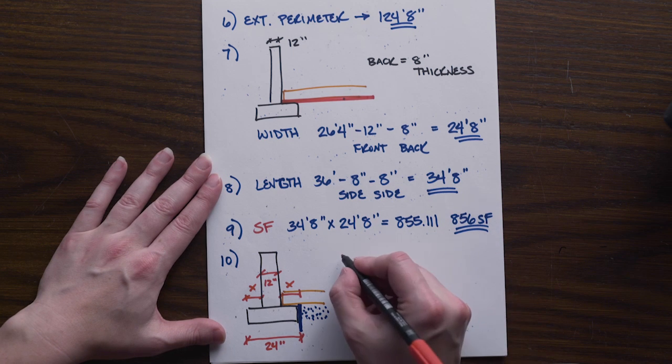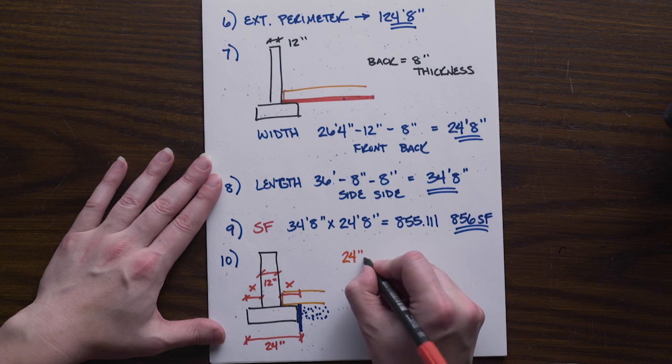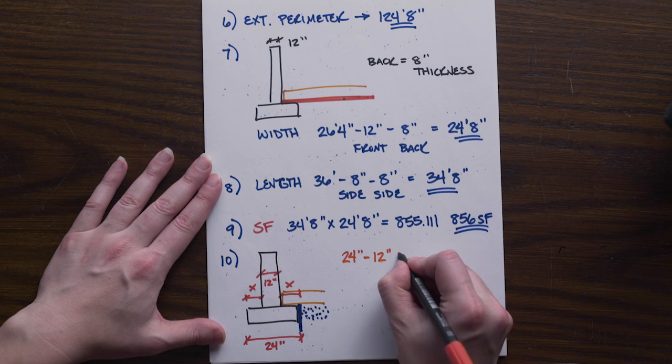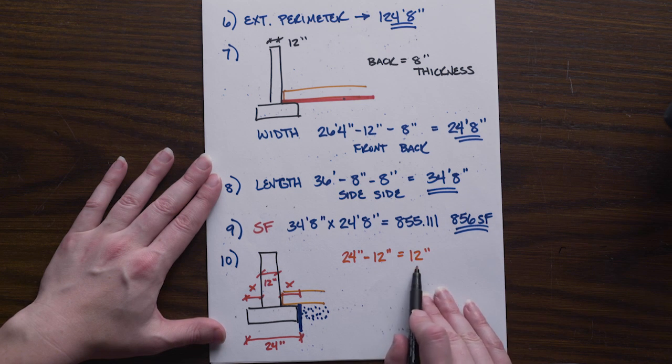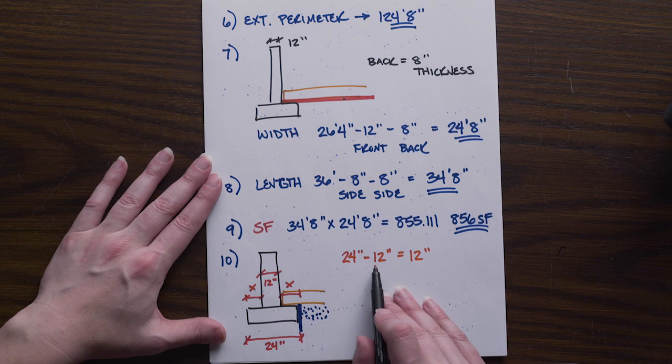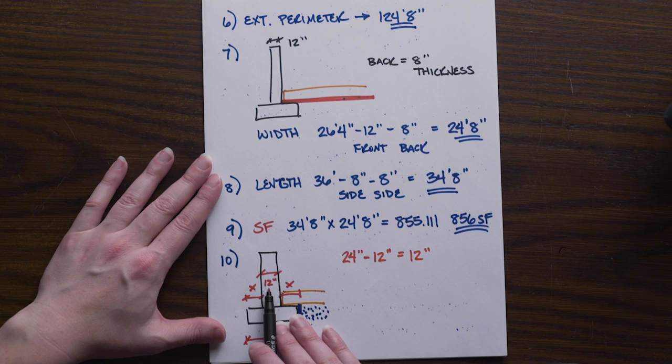So if we take our footer width, subtract out the portion that the wall sits on, we see that we have 12 inches. It happens to be the same as the wall thickness. It does not always have to be the case. So now that we've gotten rid of the 12, what's left will be split between the two sides since it must be equal.